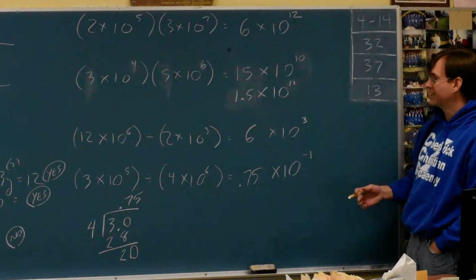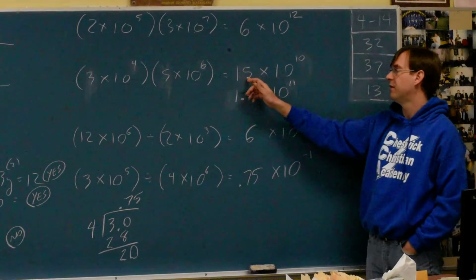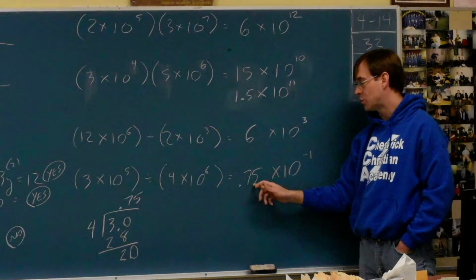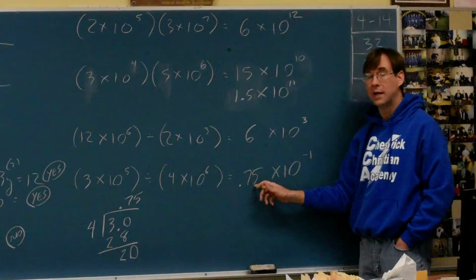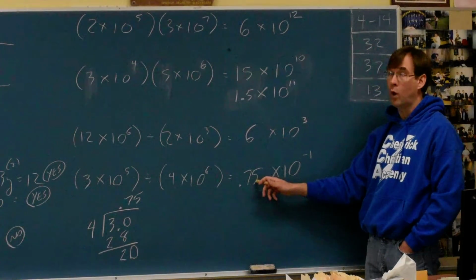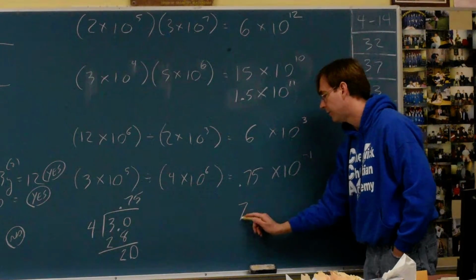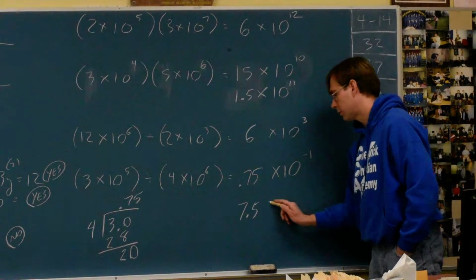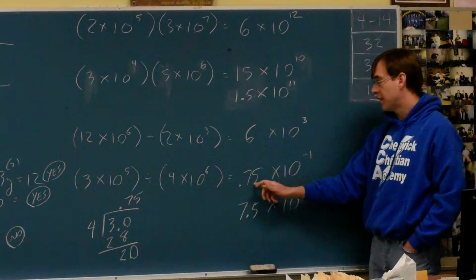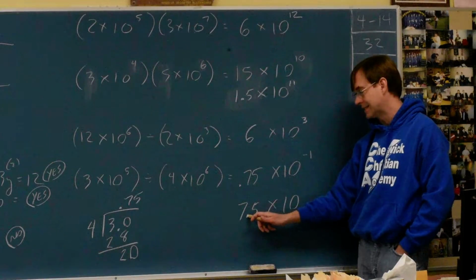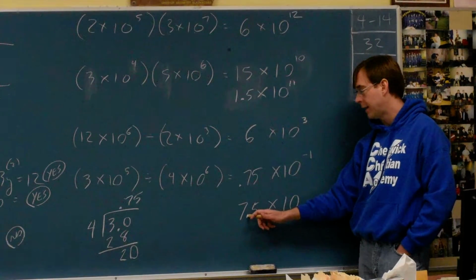This problem causes a different issue than this one did. 15 was bad because that was too big. 0.75 is bad because that's too small. We need to have a number that's bigger than 1. If you ever get a number less than 1, we're going to have to fix that by making it bigger. So this, we're going to make bigger by moving the decimal over a spot, because this is now a number between 1 and 10.